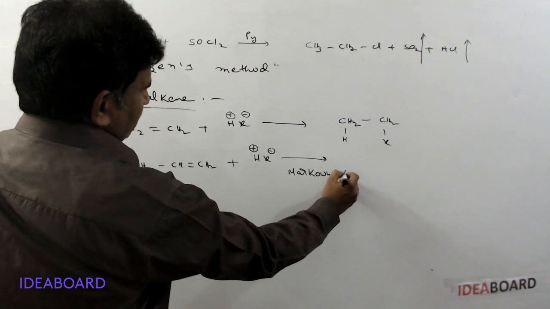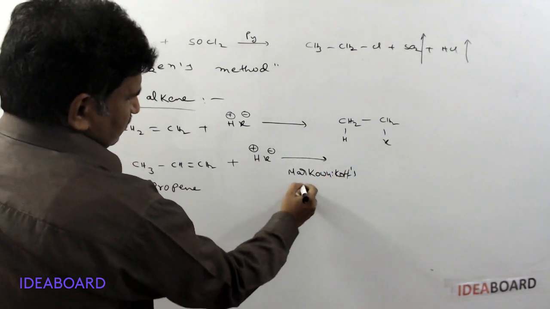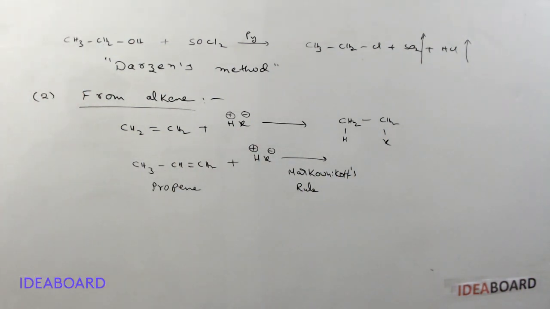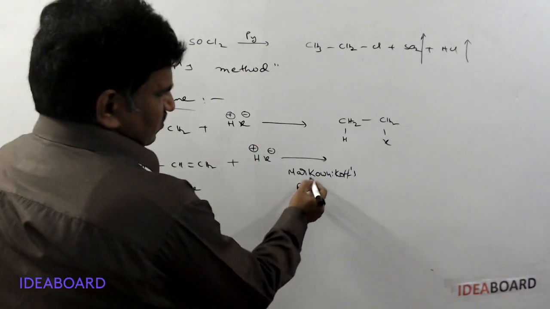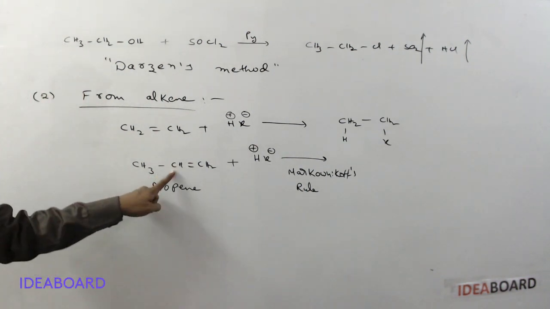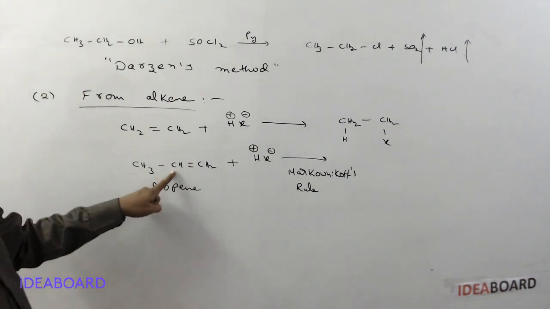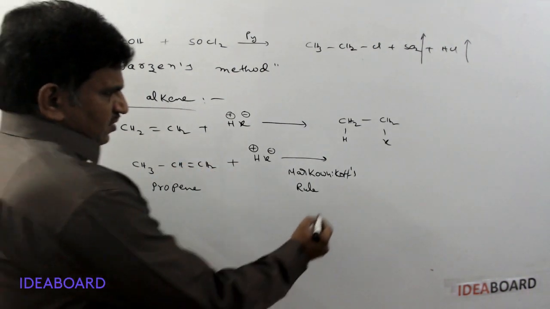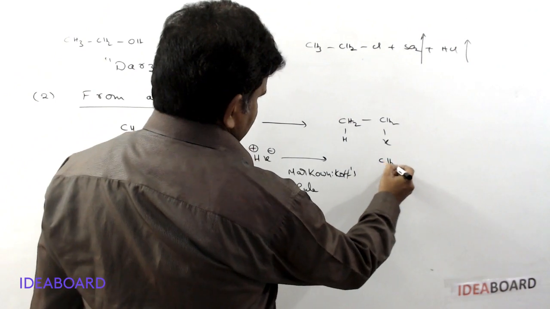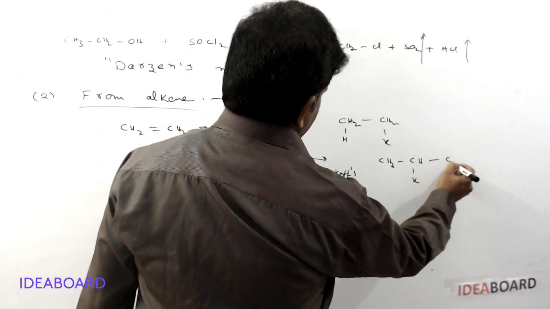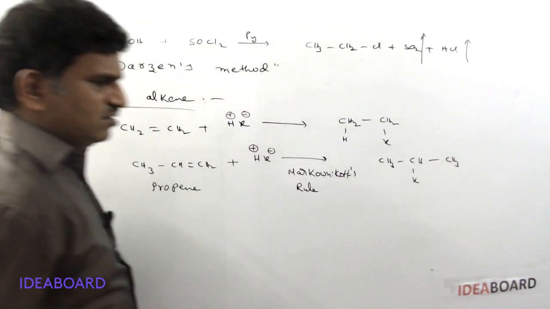What is Markovnikov's rule? Yes, we studied this in the first year syllabus. As per Markovnikov's rule, the negative part of the reagent adds to the double bonded carbon atom containing fewer hydrogen atoms to give the product: CH3CHXCH3.